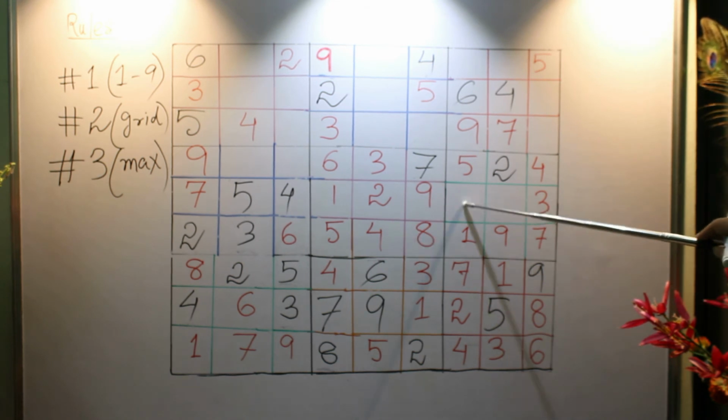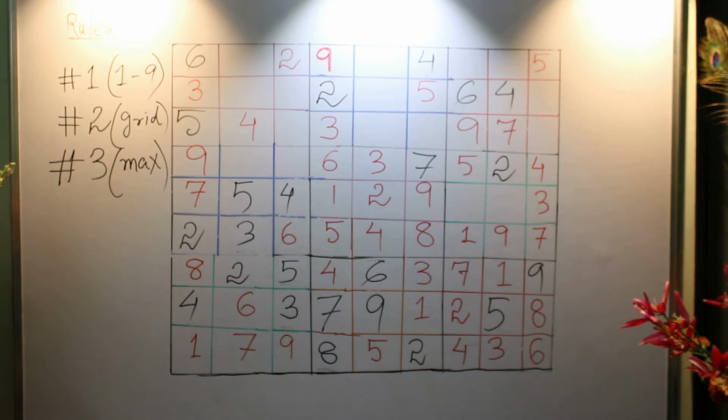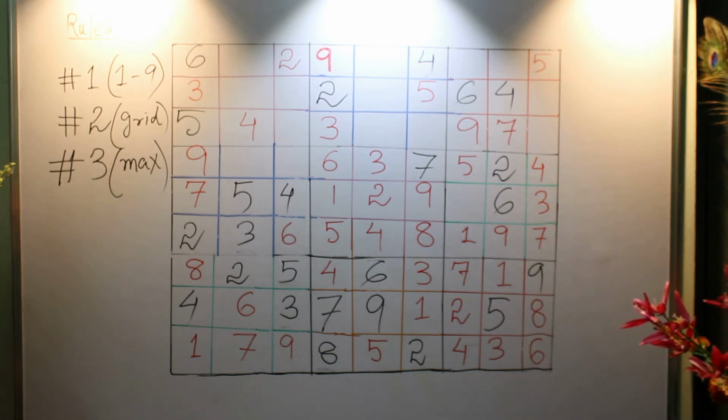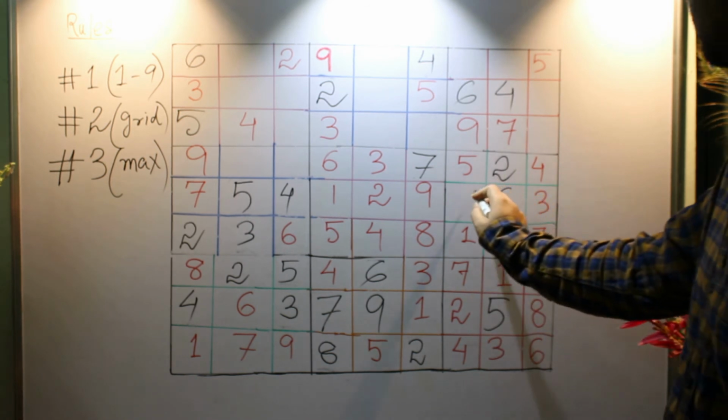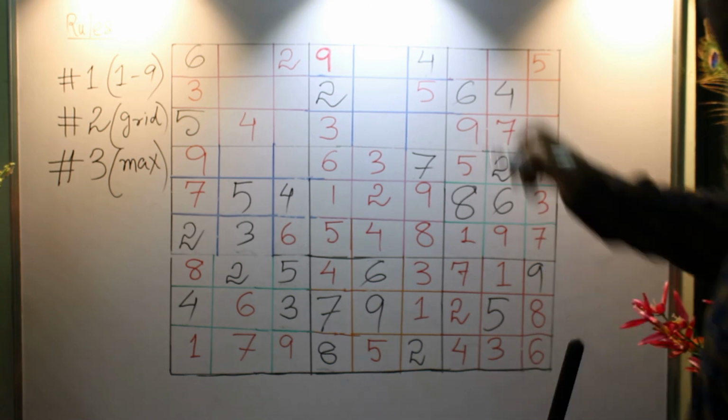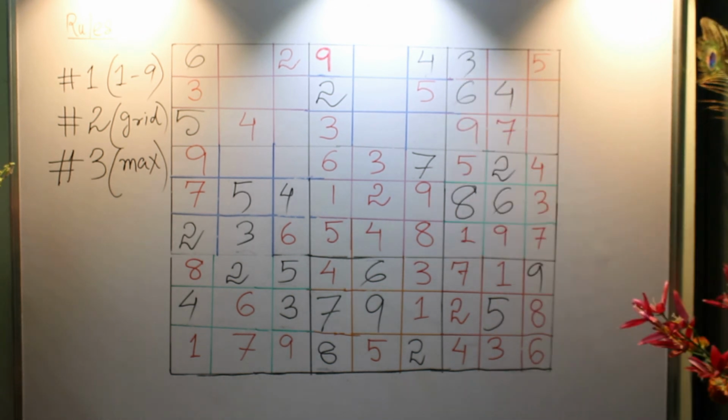But we cannot place 6 here because of this 6. So the place where I can put 6 is this. And 8 is now clear here. So which number is left for this column? It is 3. Right?